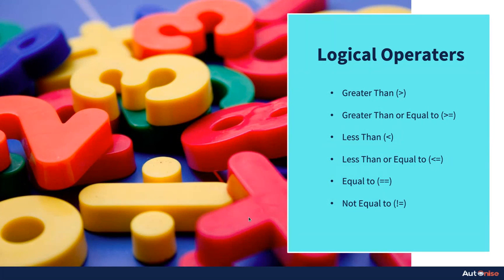What we saw earlier were the arithmetic operators. Similarly, we have some logical operators. Putting these signs between two variables will give us some logical output. Logical here means in the Boolean space, where the things can only be true or false.